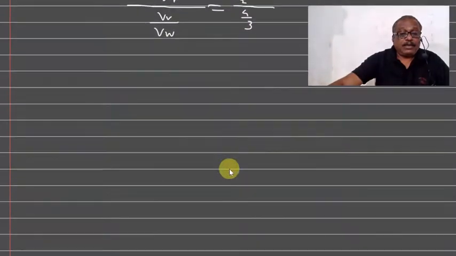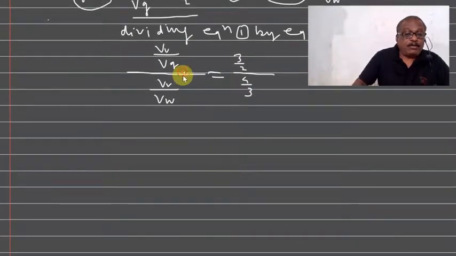Now we simplify. Now observe here, we have to divide this fraction by this fraction. Now when we divide by a fraction, division means multiplication by its inverse. So how will you do this?